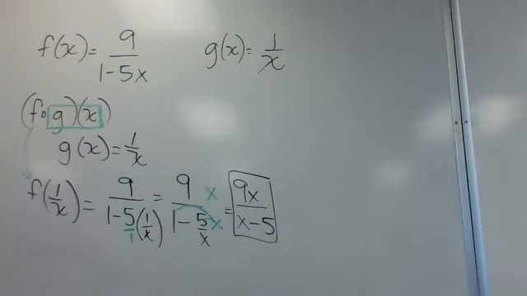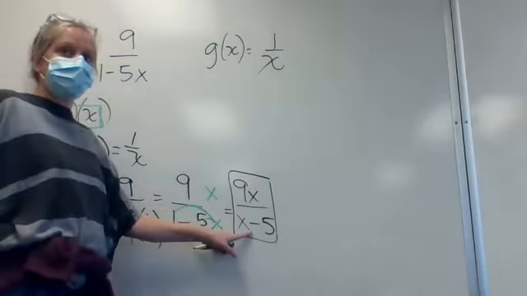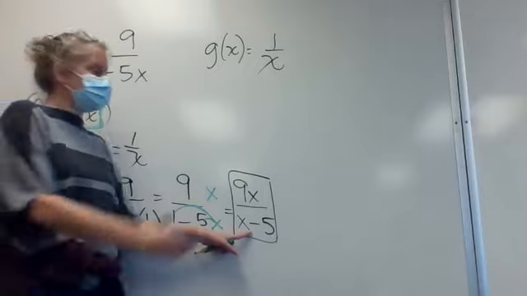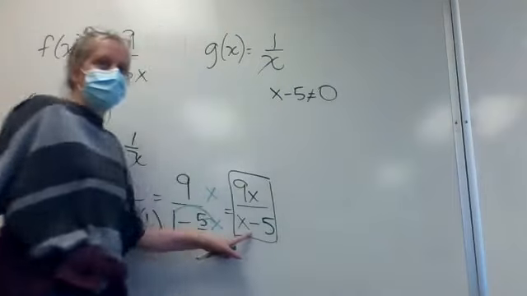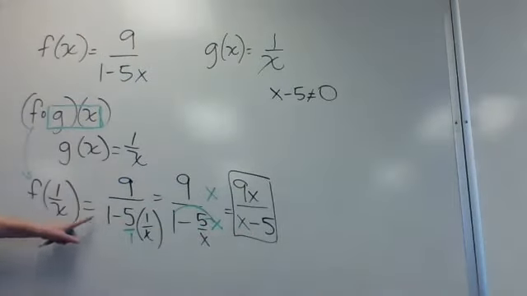Okay, now I have to find the domain of this. There's 2 places that you're going to look for restrictions. Your final answer. So there is a restriction there, right? Because X minus 5 can equal 0. The other place you look for a restriction is right here.